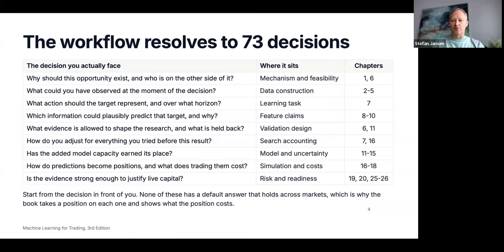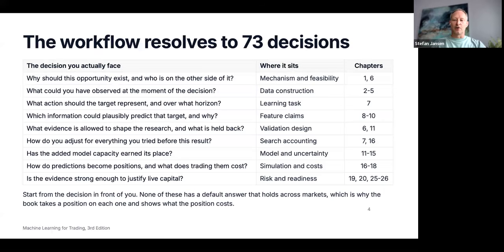Now, this is kind of the high level framework, right? Based on a solid data infrastructure, you go from a trading idea all the way to live deployment. Once you actually start working on this, you'll encounter many granular decisions that you need to take. And that is really what the book is about, right? So it aims to be hands-on in the sense of once you go from the idea which asset class, which holding period, which specific signals you want to generate, why they should work, all the way to proving that you can extract information from the data with respect to the target, which usually is some forward return.